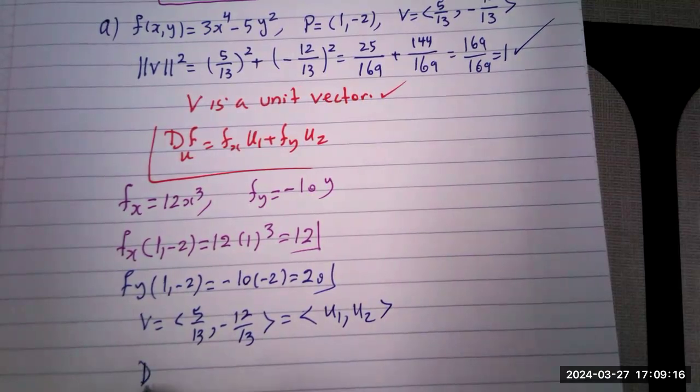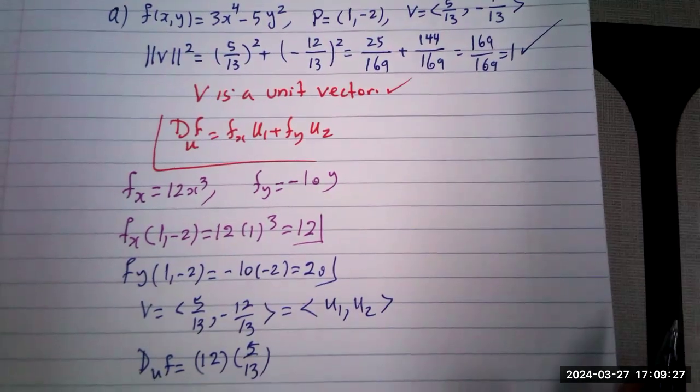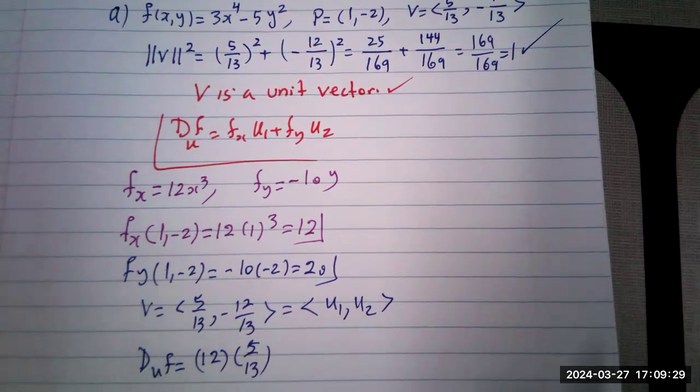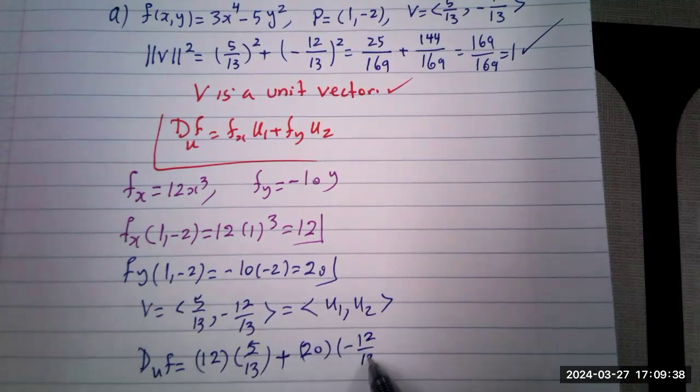Okay, so the directional derivative would be f sub x, which is 12, times u1, 5 over 13, plus partial with respect to y, 20, times u2, negative 12 over 13. You better keep this denominator, so you'll be able to add them together. Then simplify it at the end.